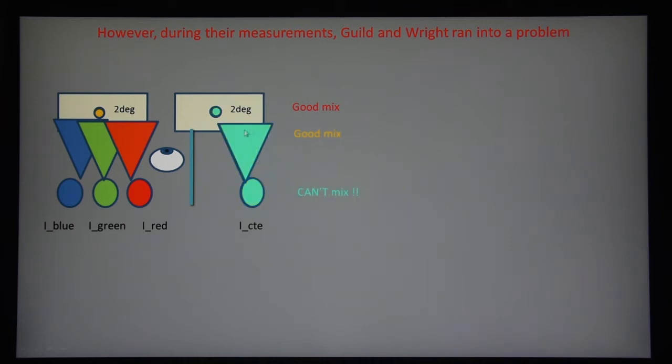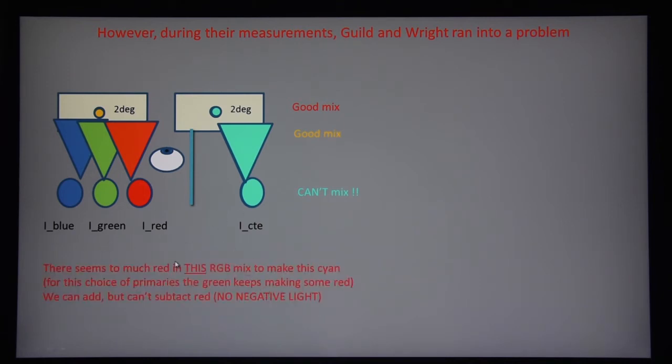And then suddenly they got, for example, a cyan color, and they started mixing, and I can't get it, there's no way to mix more red or less green, you're doing such a bad job, and so on. So a little bit of panic.